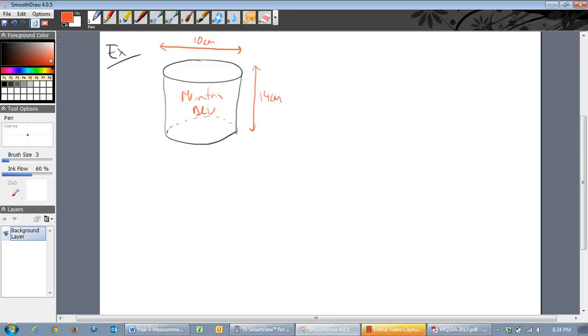Okay, right, let's just write down what we know first. Firstly, what's our radius? Our radius is half of our diameter, so it's 5. Our height is 14. They're our important things. What's our formula? Total surface area of a cylinder is equal to 2 pi r bracket r plus h.